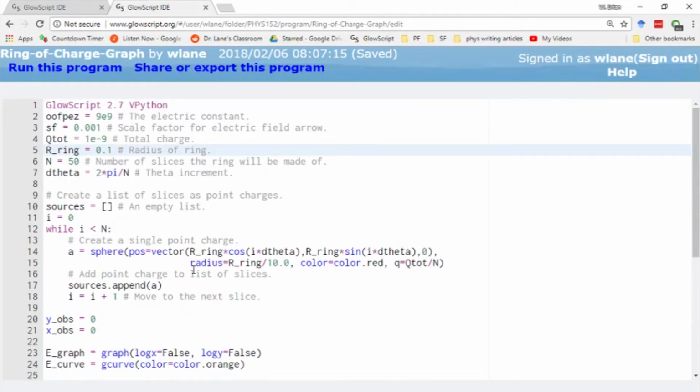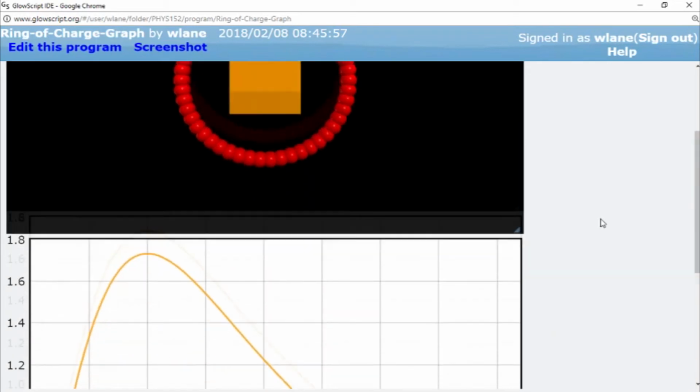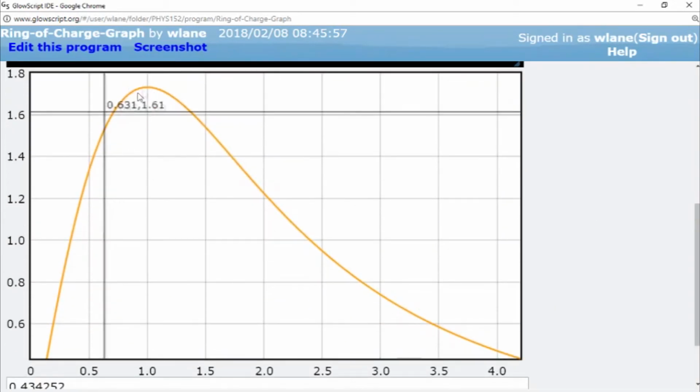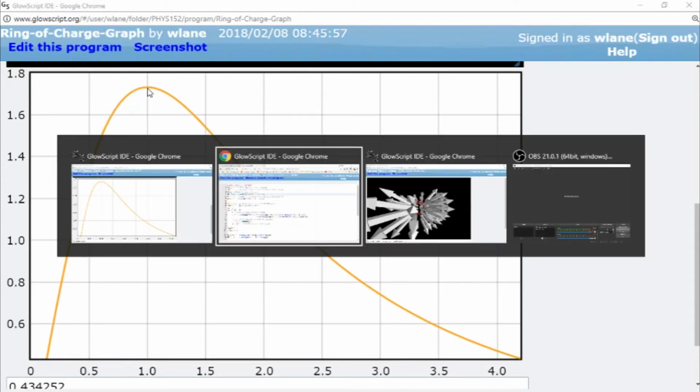If I make this ring have a width of the square root of 2, then 1 over root 2 of that should be 1. So I should get a maximum right at about 1 now. Oh, look at that. Yep, the maximum occurs at 1 over root 2 of the radius of the ring.